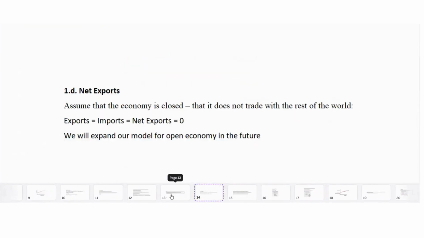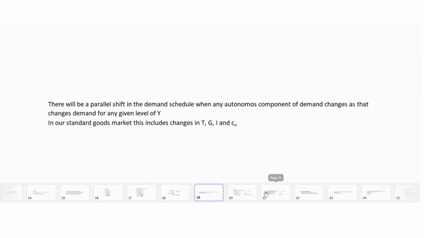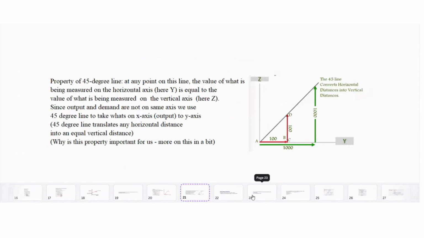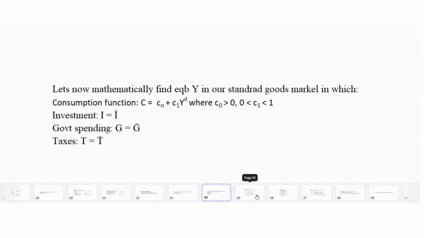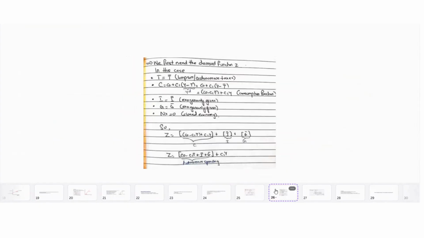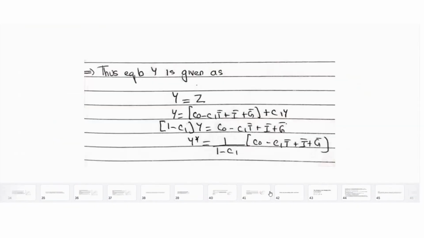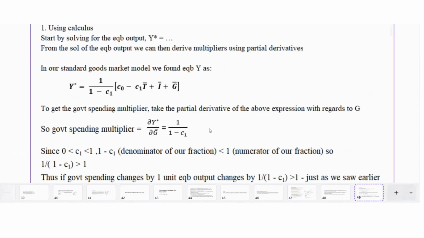How do we solve for equilibrium output? We just said Y is equal to Z, where we find Z as C plus I plus G plus NX, and from here we solve for equilibrium output, like we did over here on page number 27.